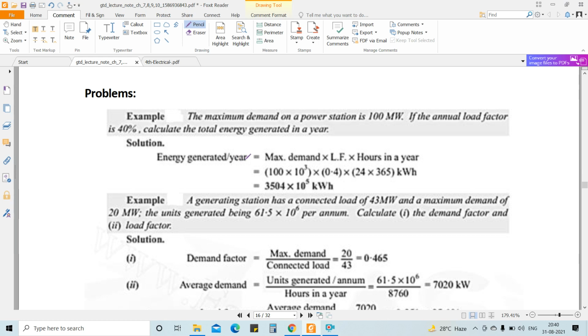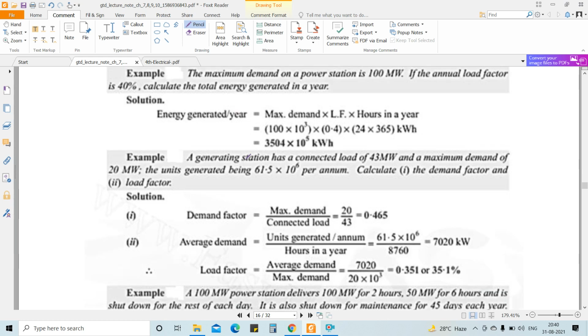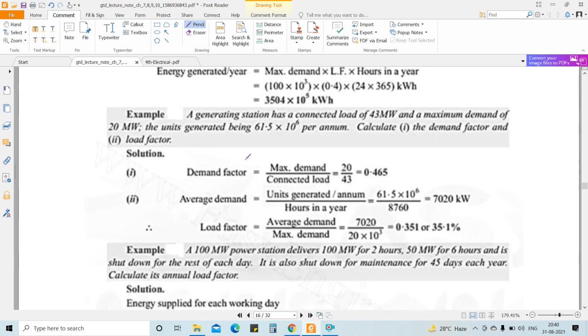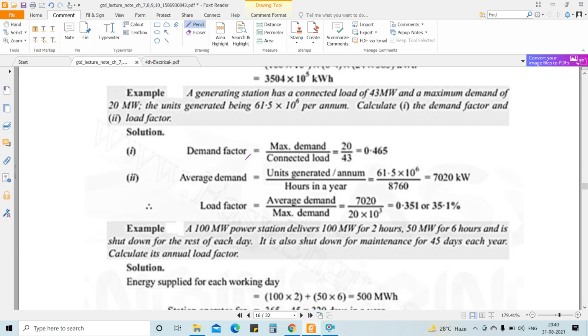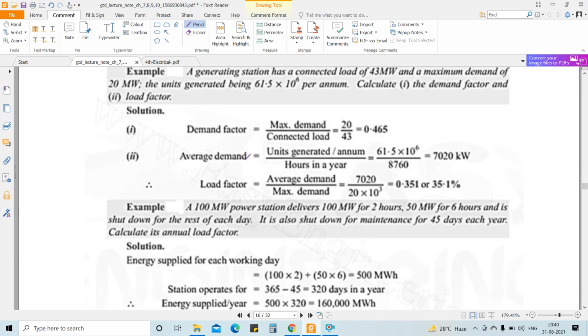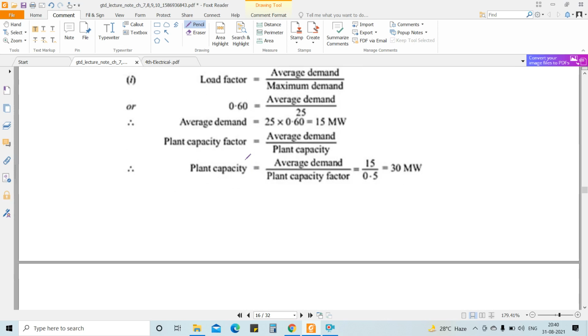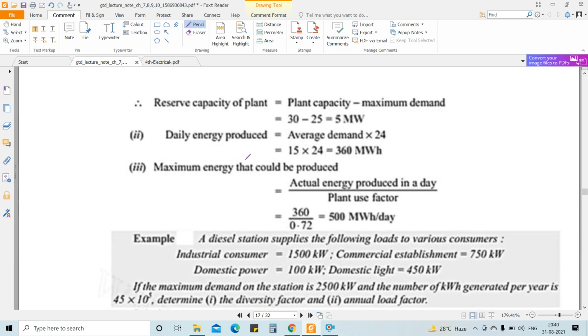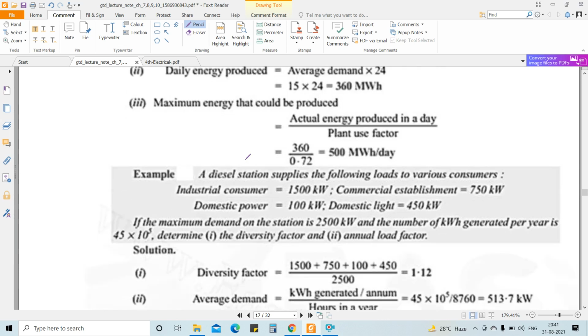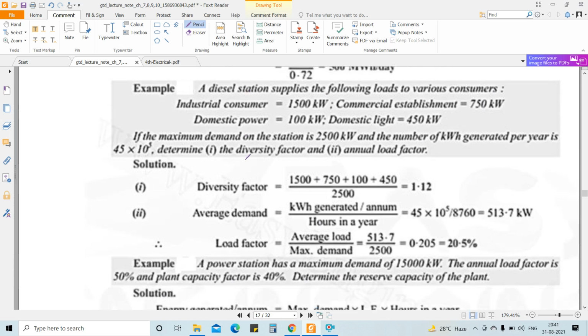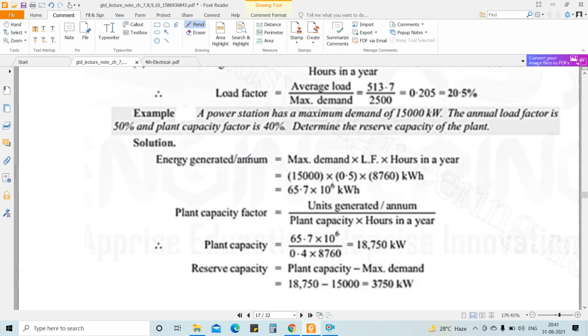Just remember all the formulas, put them in, and you can calculate easily. Here there is the calculation of demand factor, load factor, and annual load factor, and calculation of plant capacity. So these are all the calculation portion. Just go through these problems, practice them, and remember all the formulas.